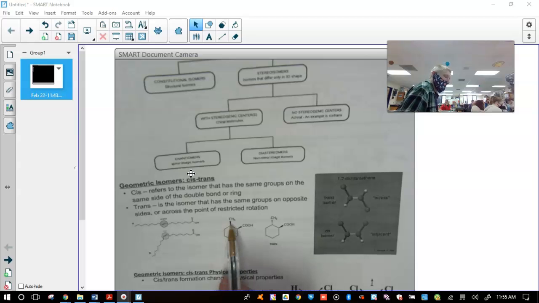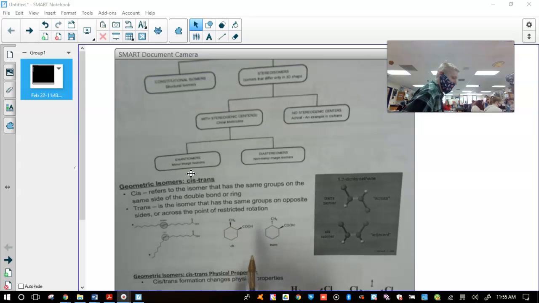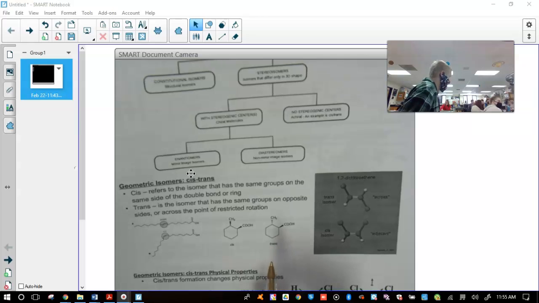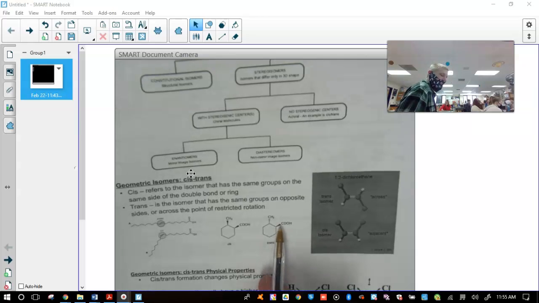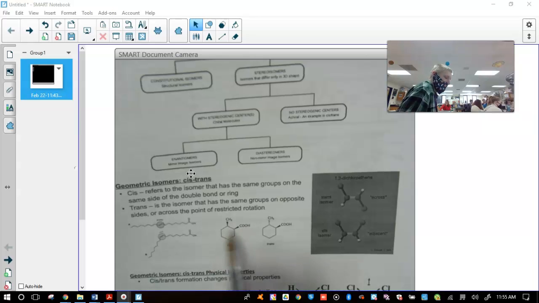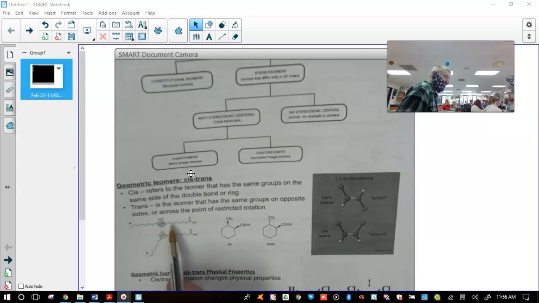And typically, if it's black, solid, it's going into the page. And if it's dashed, it's coming out of the page. So here we got one going into the page and one coming out. So that's trans. Opposite sides. Here it's same side. And then with the long biomolecules, here it looks like this is a carboxylic acid, COOH.